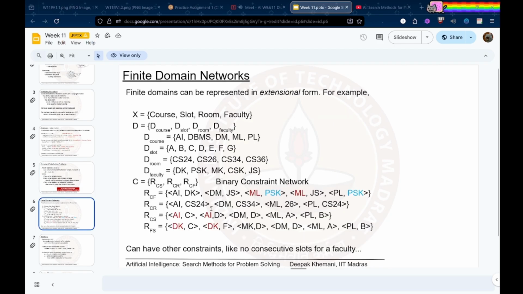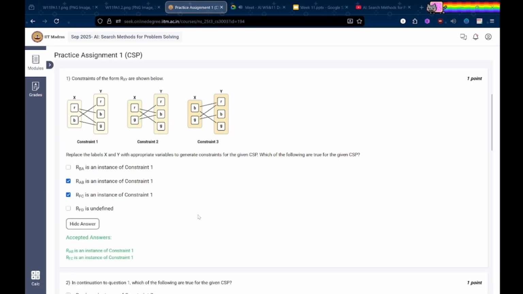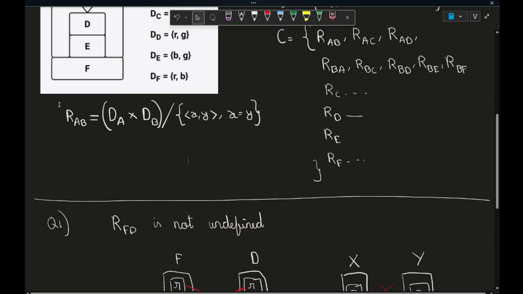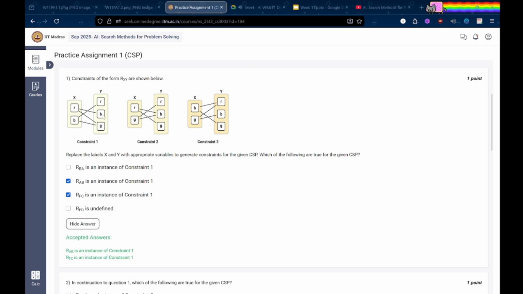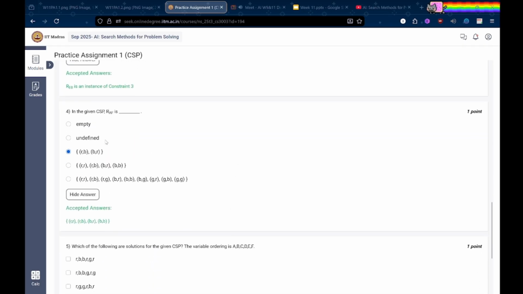So our relationship is this. A constraint is a set of relationships, correct? And a relationship is defined something like this. If we go by our definition for this map coloring problem, that this should be the relationship, then only the first three questions are correct, and the fourth question's option should be this.